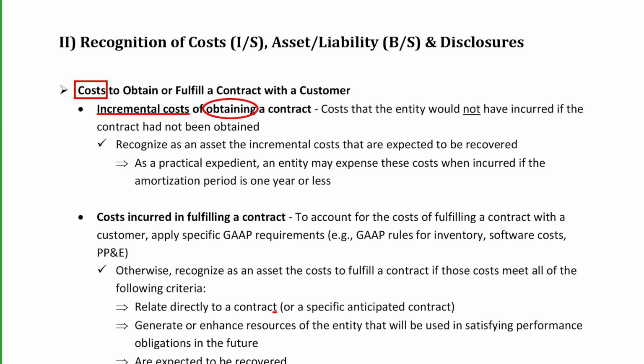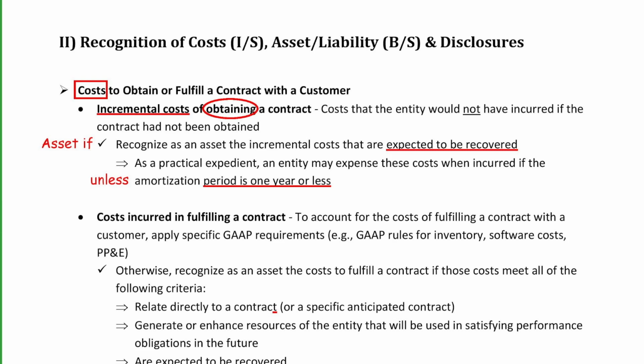These incremental costs are accounted for as an asset if they are expected to be recovered, unless the recovery or amortization period is 1 year or less.